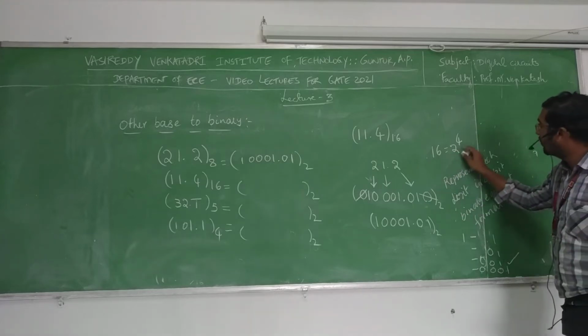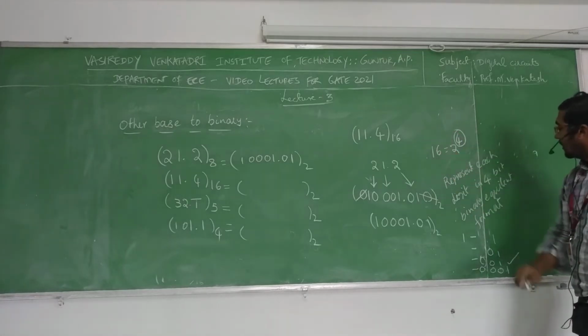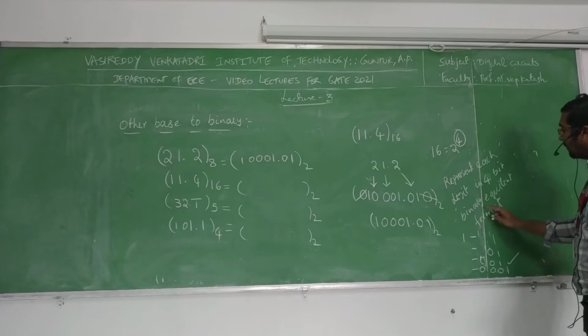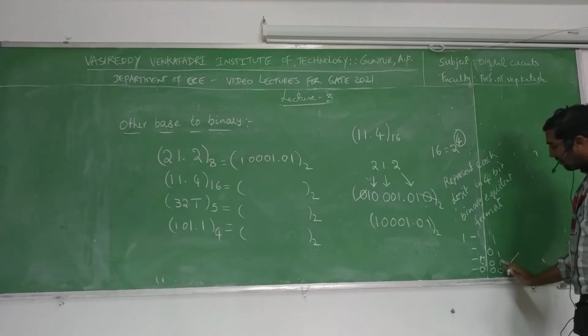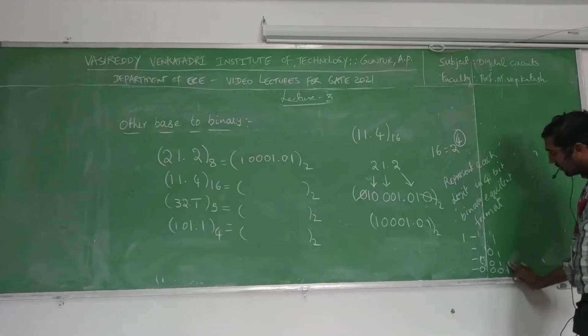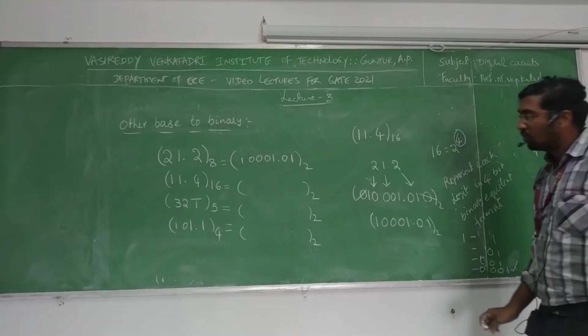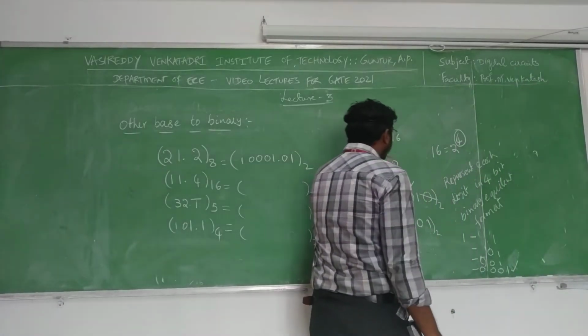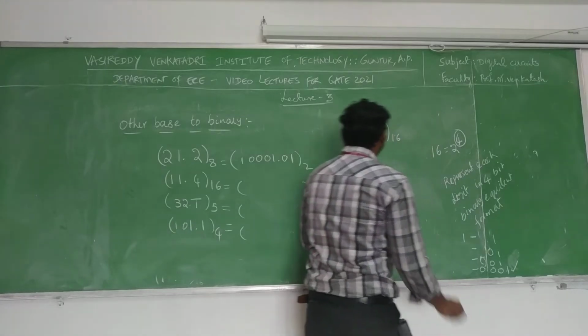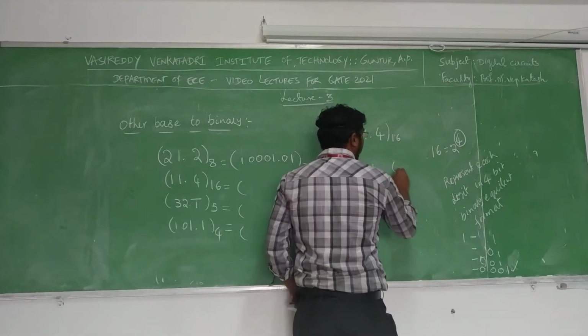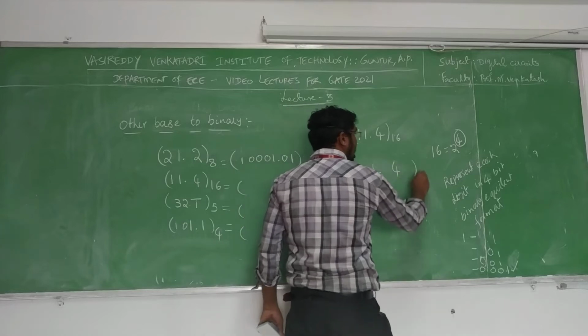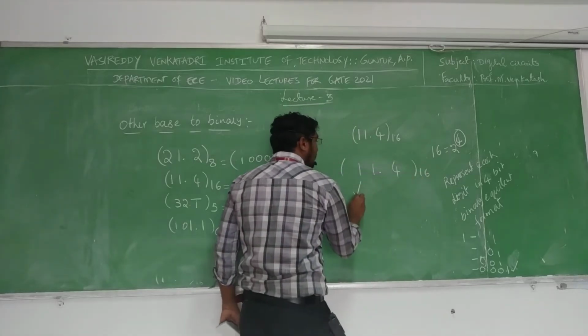Because it's 2 power 4, we represent each digit in 4-bit binary equivalent format. Here again there are 4 representations. Among these 4 representations, we consider the last one, which is 0 0 0 1. We'll solve the problem now. It's 11.4, and it's base 16. Each digit has to be represented in 4 bits.